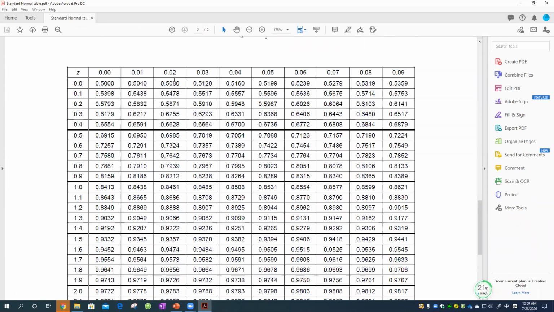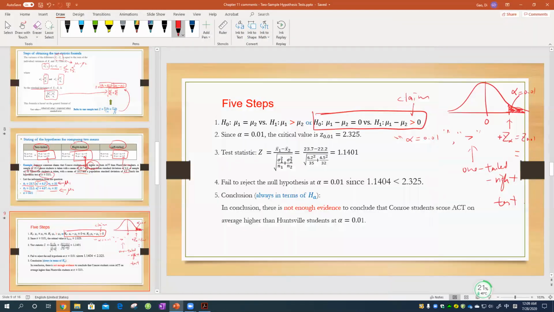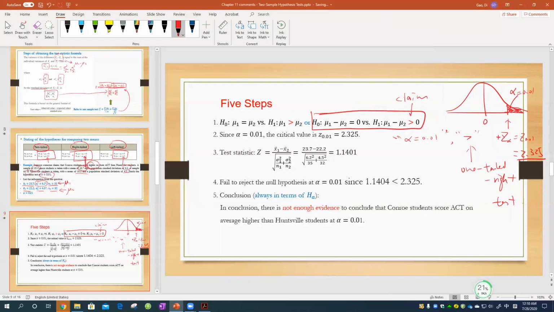So 2.325 will be the best guess we can have for this critical value. That is the critical value here. For one tail, we have one critical value. For two tails, we then have two critical values. So it's determined by what sign you have for the alternative hypothesis.